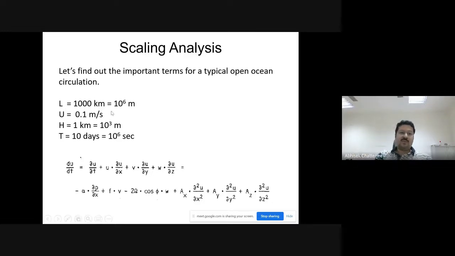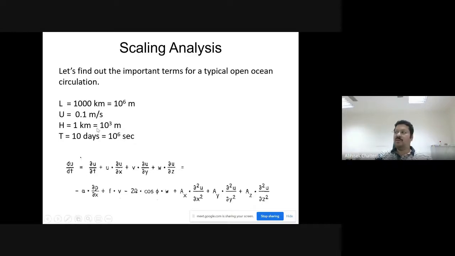The usual speed is about 10 centimeters per second, that means 0.1 meter per second, in an interior ocean away from the boundaries. And the depth is 1 kilometer, in fact it is about 4 to 5 kilometers, or sometimes more than that. So we are talking about an order of magnitude.